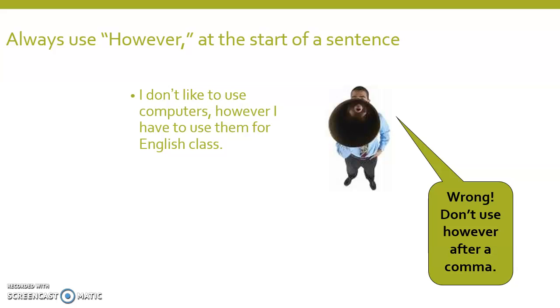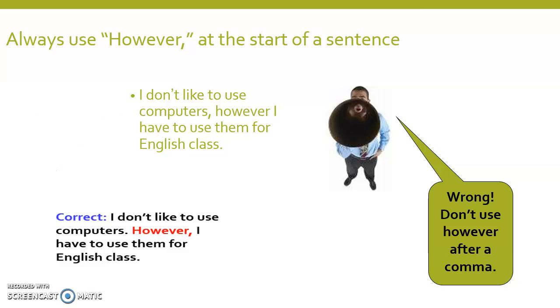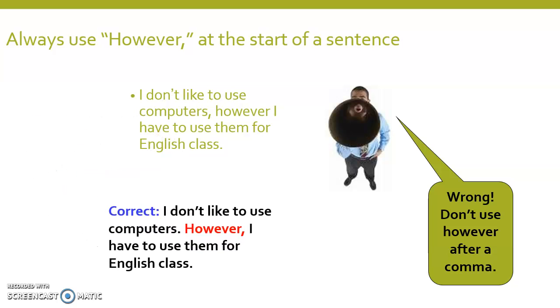You need to put however at the very beginning. So for example, it is wrong to say this one. It is incorrect: however, I have to use them for English class. That is not correct. Instead of a comma, you must write a period here. And then after the period, at the very beginning of the sentence, you are going to add however.